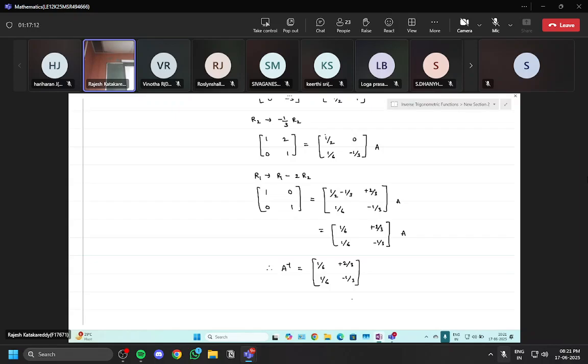Substitute theta as pi by 12. Cos is an even function, so 50 into theta. Sin is odd, so plus minus sin. What is theta? Pi by 12. So 50 into pi by 12, that is 25 pi by 6, which is 4 pi plus pi by 6, in the first quadrant, plus.